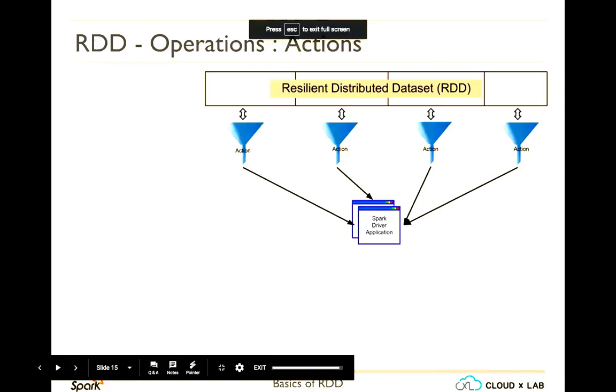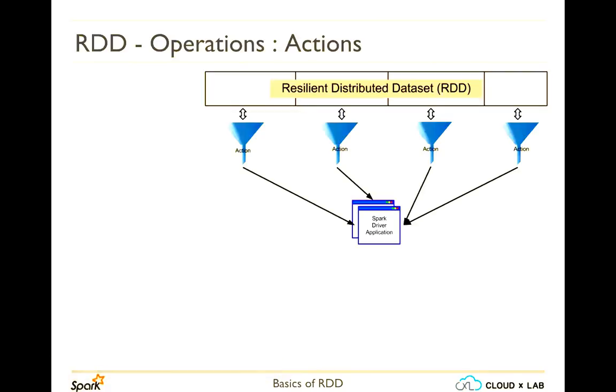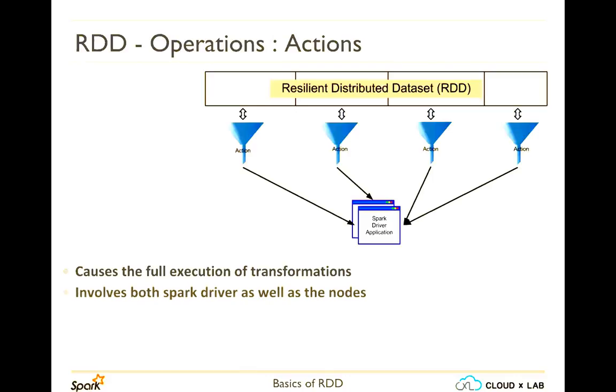Transformations create another RDD on which you can apply other functions, right? While the RDD also provides another kind of operation called actions. Actions are basically something that cause the full execution of transformations, and it involves both the Spark driver as well as the nodes.